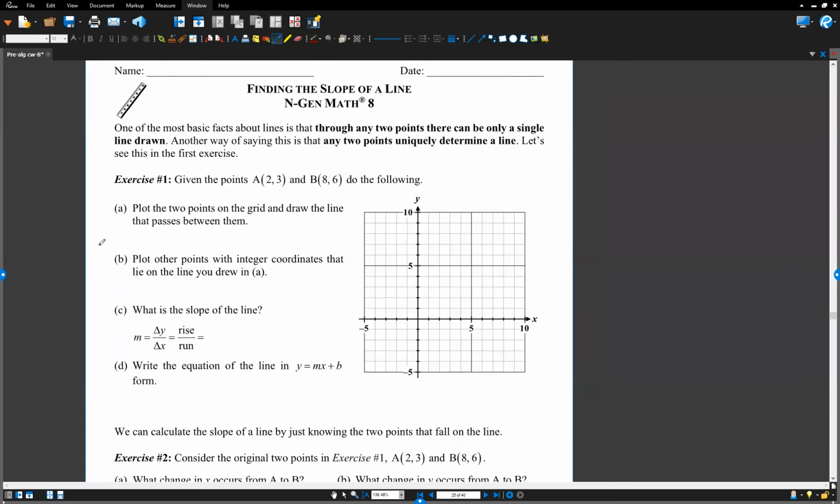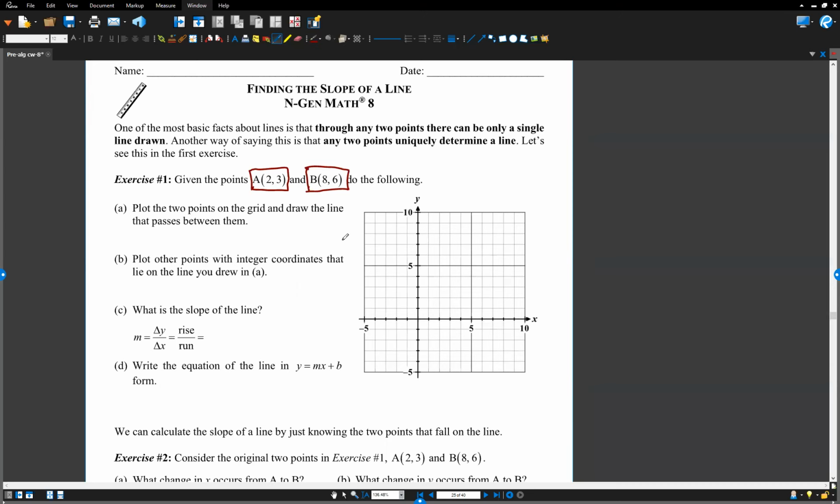Now this is today's new topic. From two given points, A and B, we're going to find the equation. We have two different ways, algebraically or graphically.